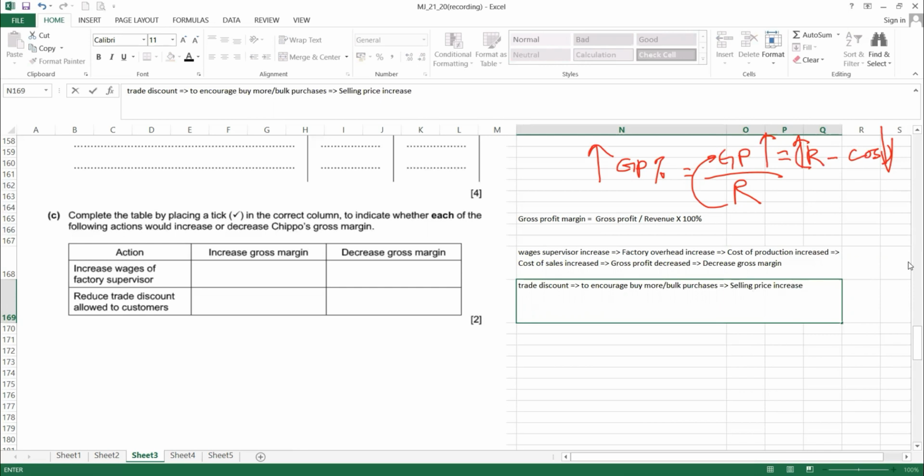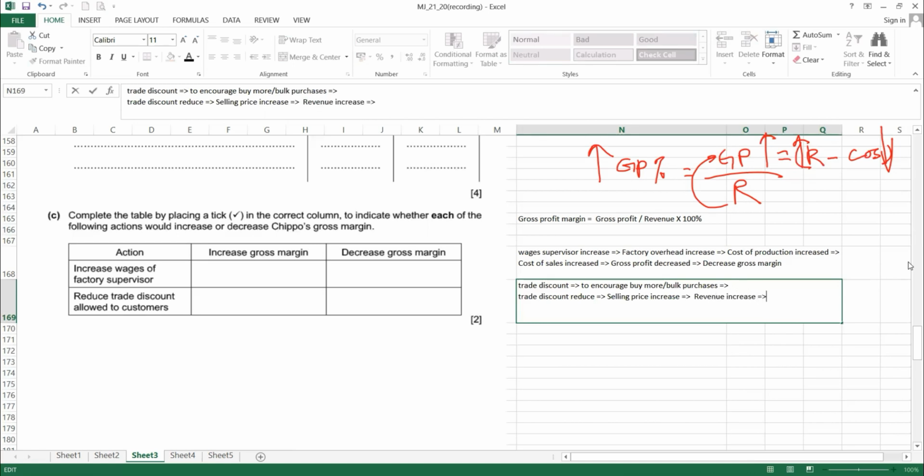Trade discount is directly deducted from the selling price. Selling price increases, revenue increases.